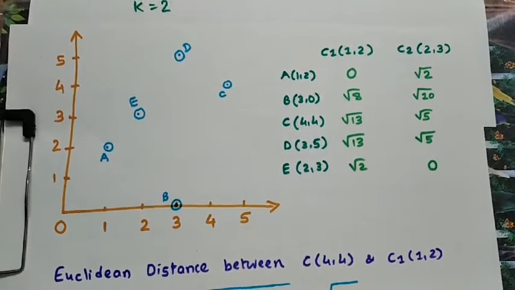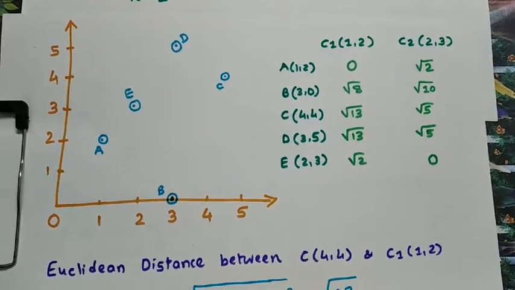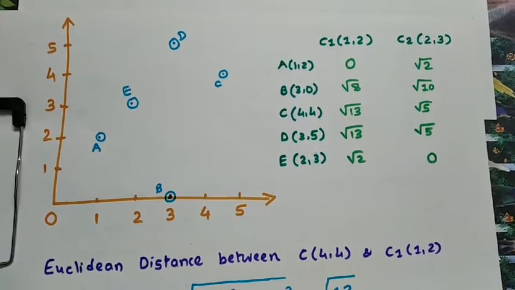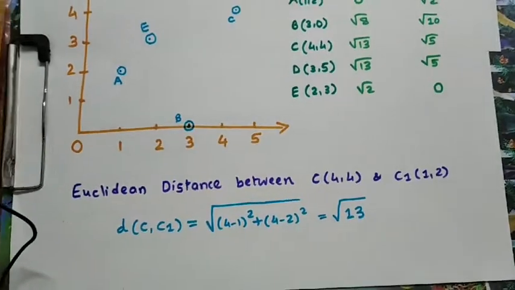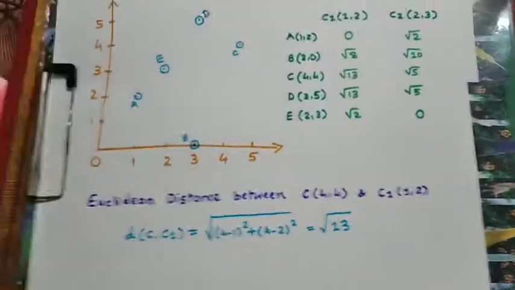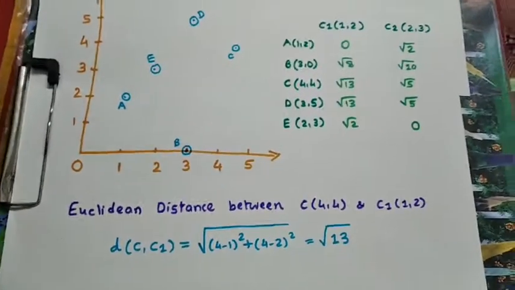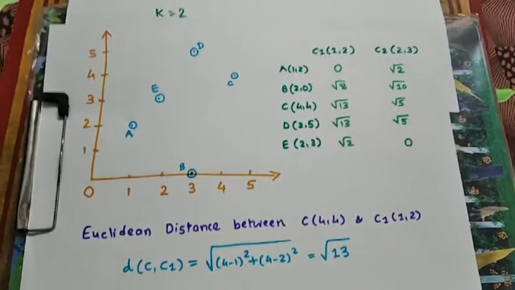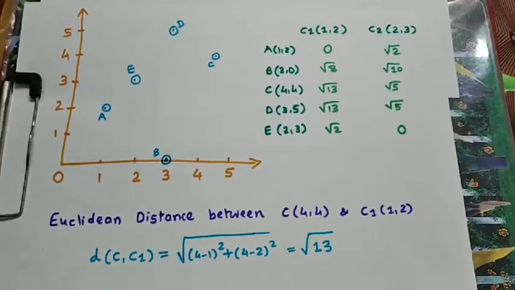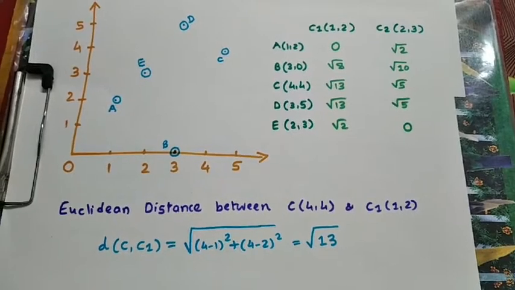If you do not know how to calculate Euclidean distance between two-dimensional objects, then one sample is provided over here. Let's say we want to find the Euclidean distance between two objects C (4, 4) and C1 (1, 2).